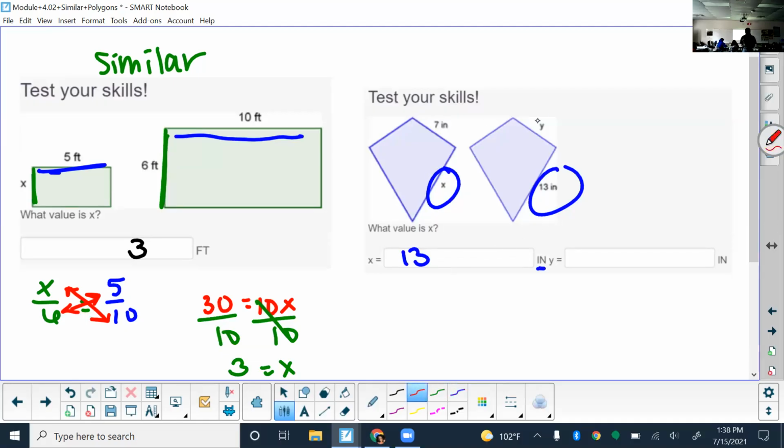And then what should y measure? 7. So the corresponding side lengths are what you are looking at for those, because again, they are congruent. Questions?